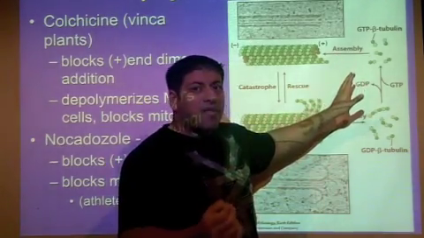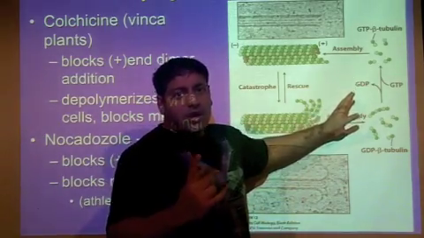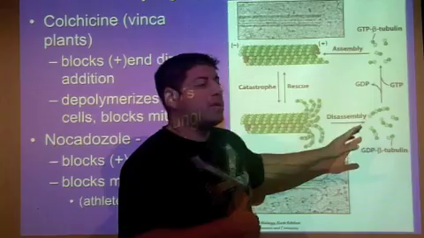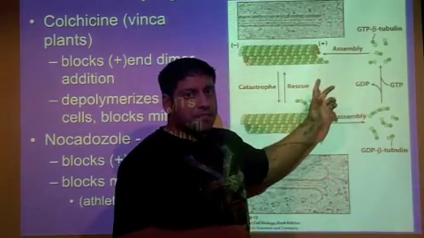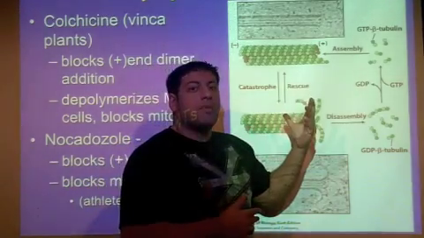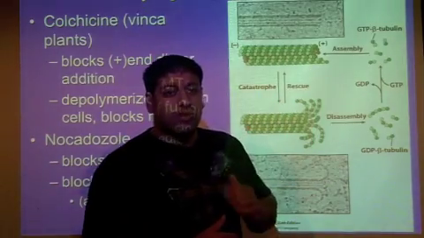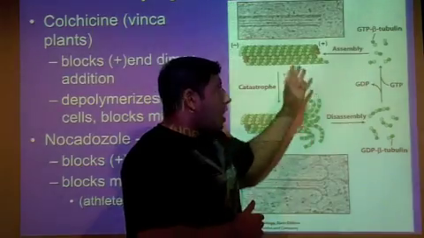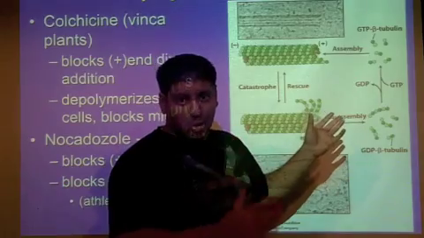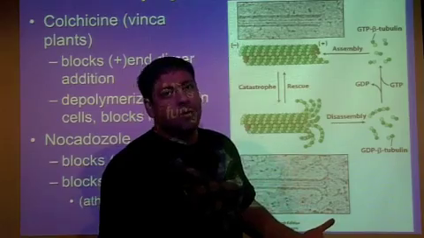So by capping off the plus end of the microtubule, you're going to do two things. One, you're going to prevent any more GTP beta tubulins from being able to bind. And the second thing is that all of the GTP beta tubulins that managed to get onto the microtubule's plus end are going to eventually hydrolyze the GTP to GDP and then be subject to falling apart.